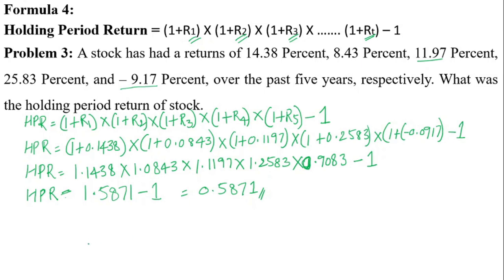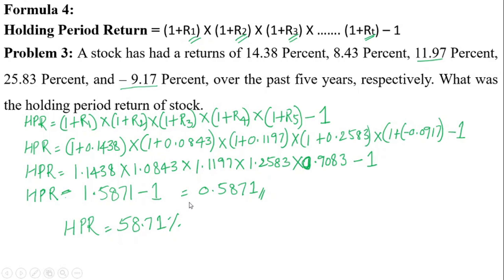So this is to be converted into percentage. Holding period return is equal to 0.5871 multiplied by 100, then we will get 58.71%. Like this we have to calculate the holding period return.